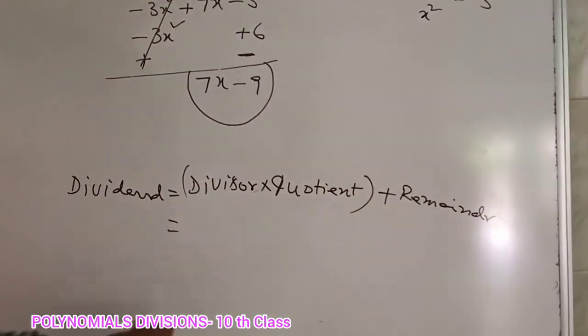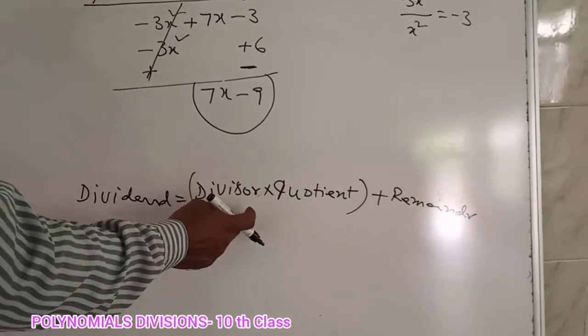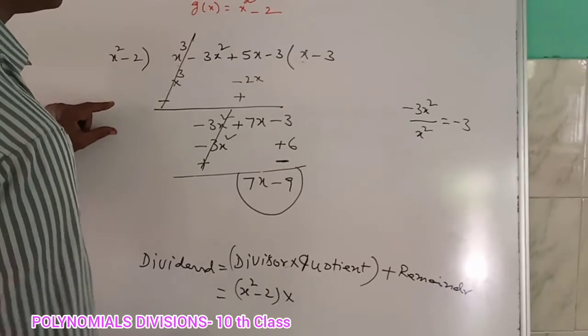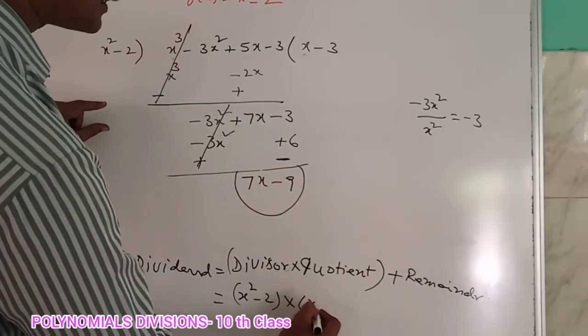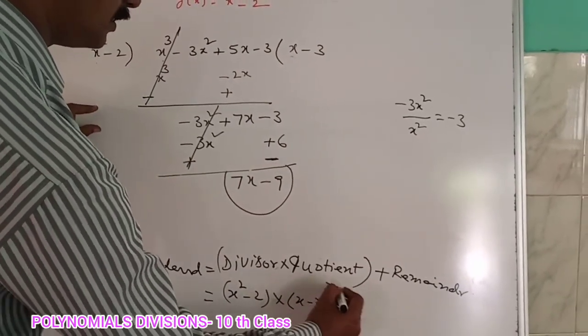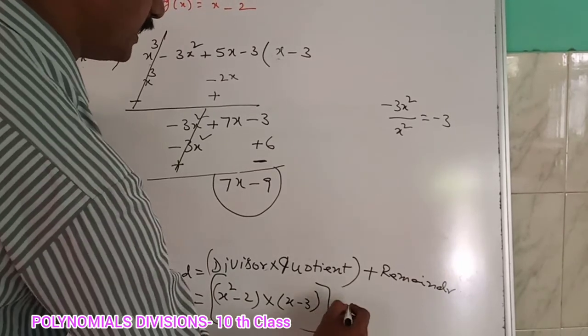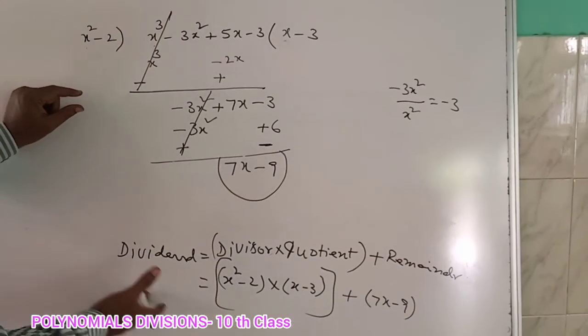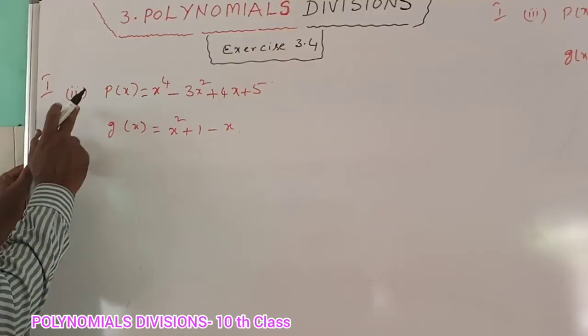The divisor is x square minus 2, into the quotient x minus 3, plus the remainder 7x minus 9. Then simplify it to get the dividend.